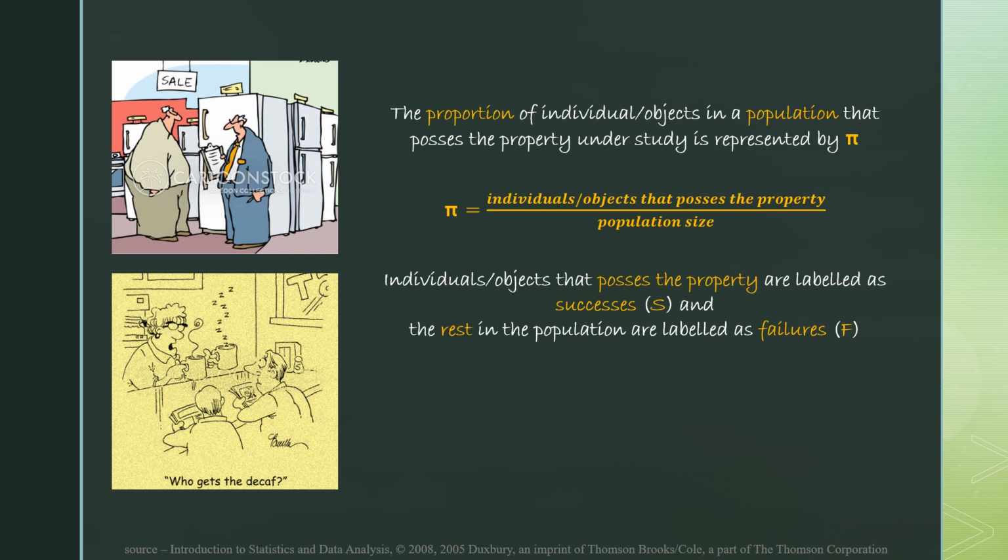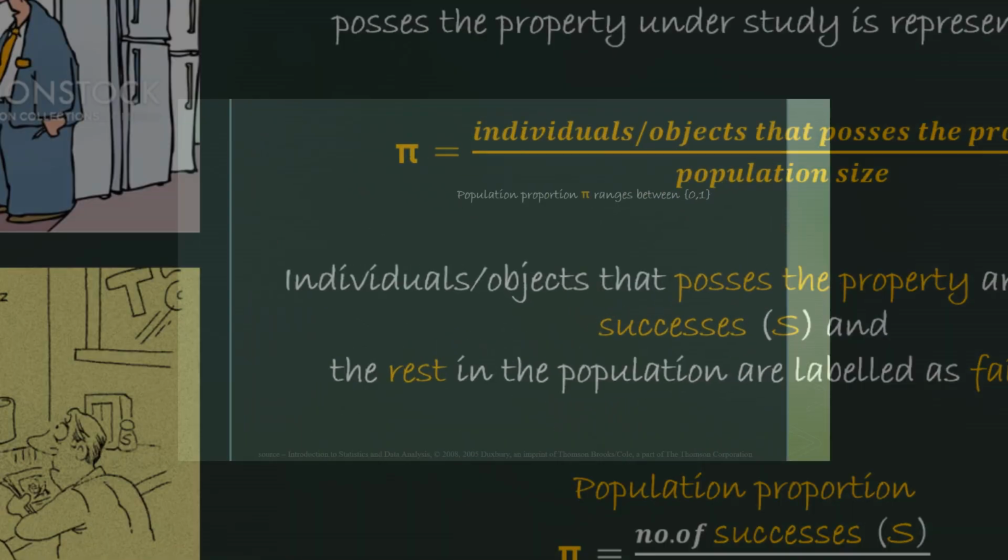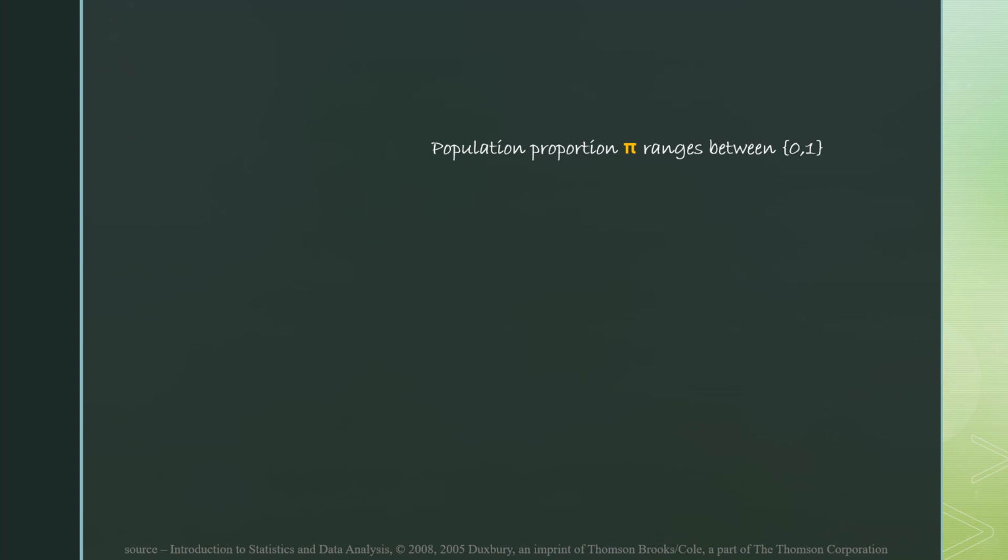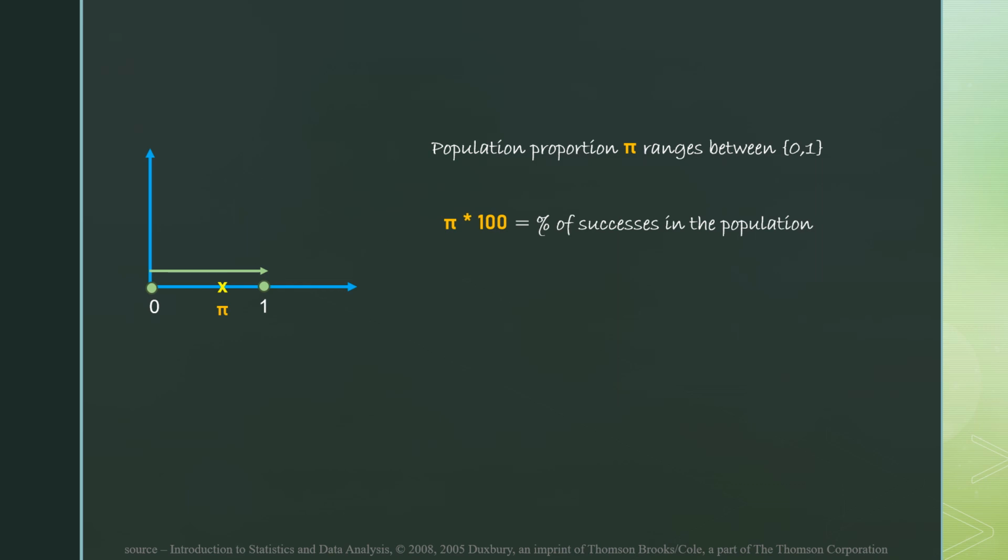Individuals or objects that possess the property are labeled as successes, S, and the rest of the population are labeled as failures, F. Hence, population proportion pi equals number of successes, S, divided by the population size. Population proportion pi ranges between 0 and 1. Pi multiplied by 100 equals percentage of successes in the population.